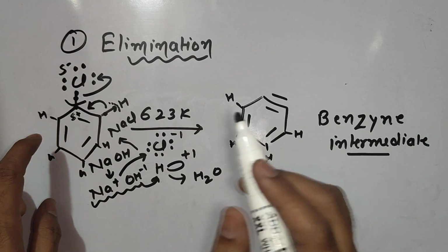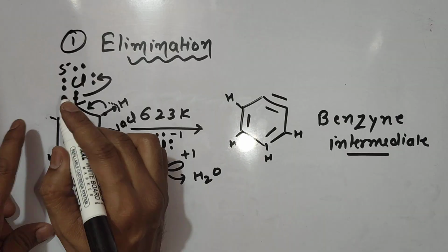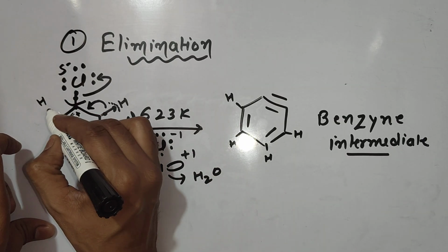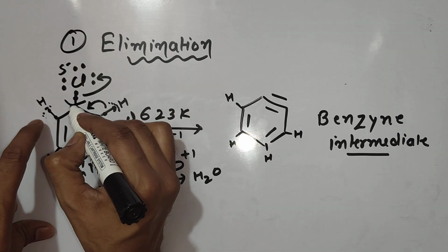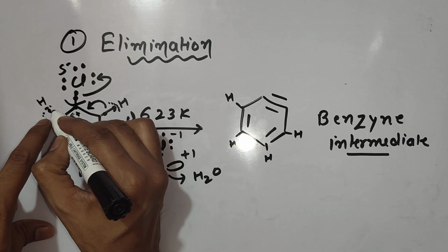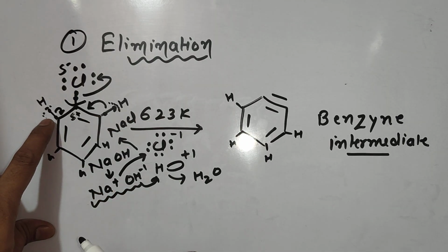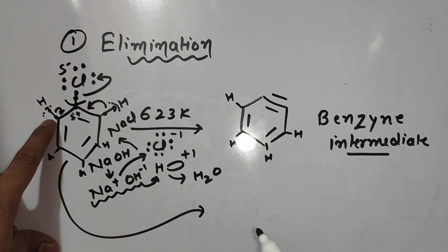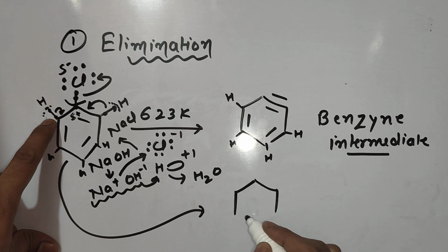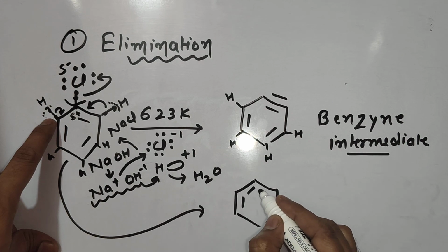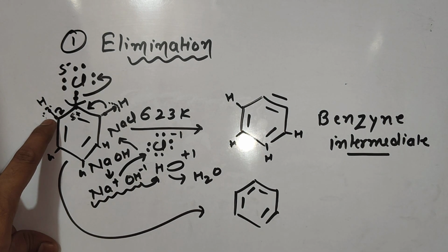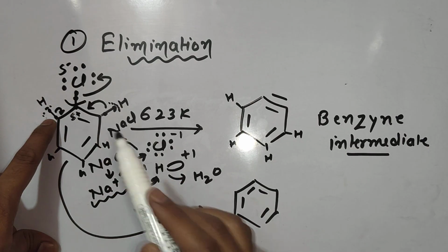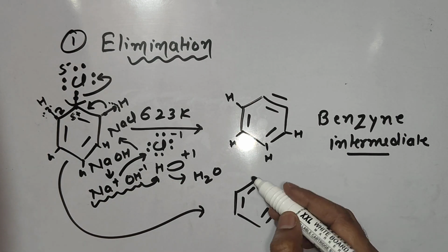Now one question will arise in our mind: why are we using this side hydrogen, not this hydrogen? Because the vacant orbital is there, it can also be satisfied by this carbon like this. Okay, let's check what will happen if I use this carbon. When this carbon is utilized, you can check that between this carbon and this carbon a double bond will generate, and the condition will be something like this.